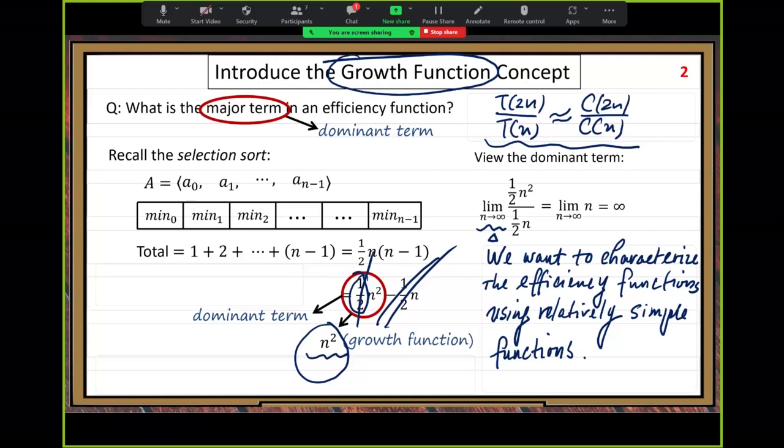And then we use those relatively simple functions to characterize our efficiency functions, putting them into different categories: n squared category, or n category, or log of n category. So that's the reason we want to introduce this concept.